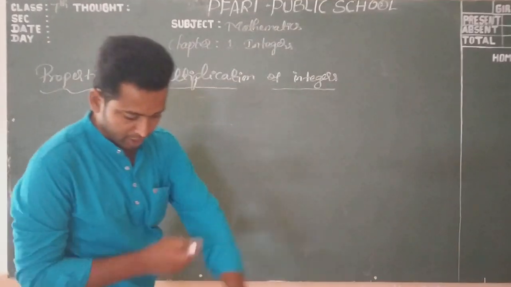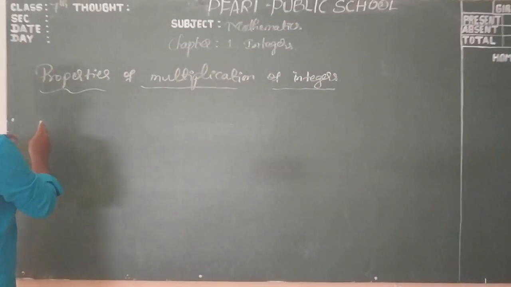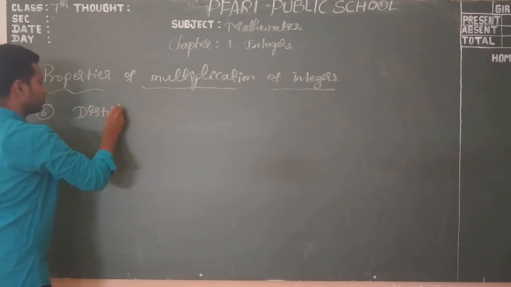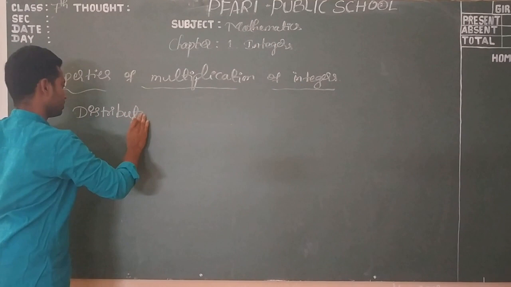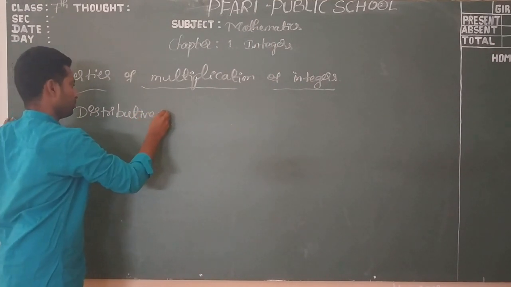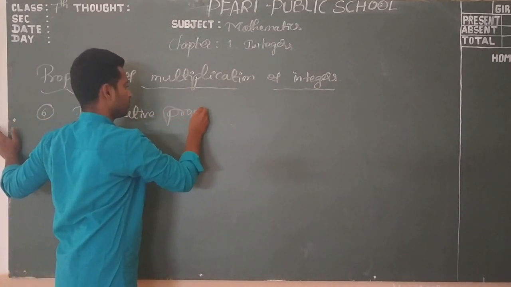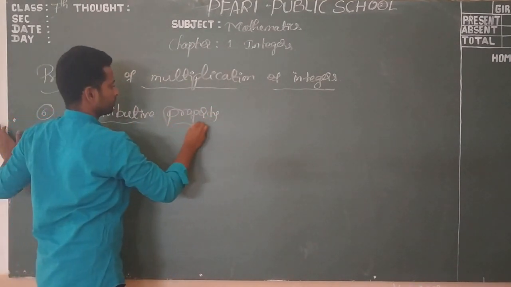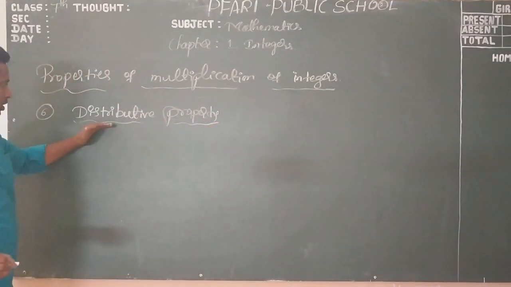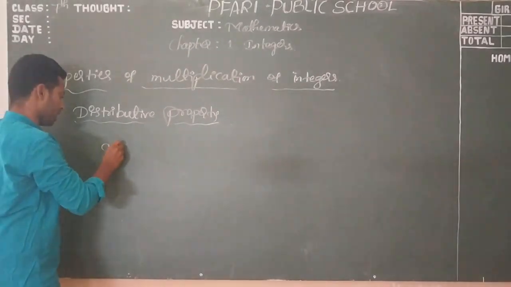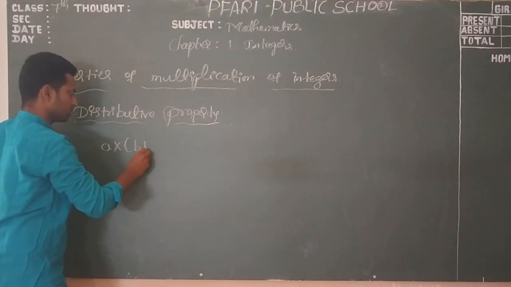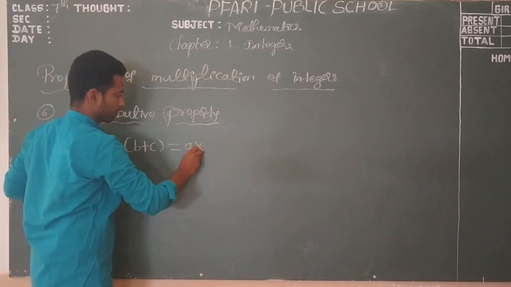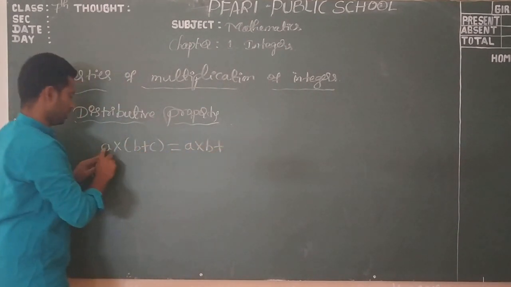And the next, the sixth one, is the distributive property. According to this distributive property, we have a into b plus c equals a into b plus a into c.